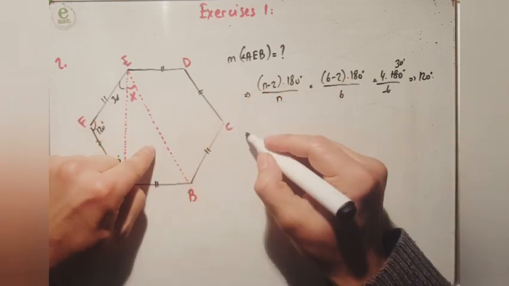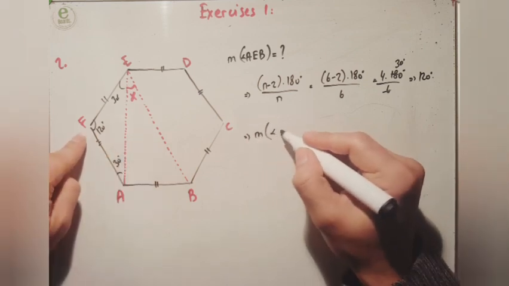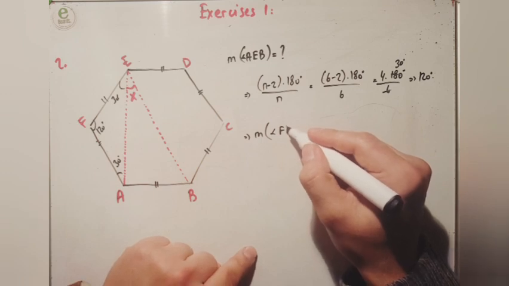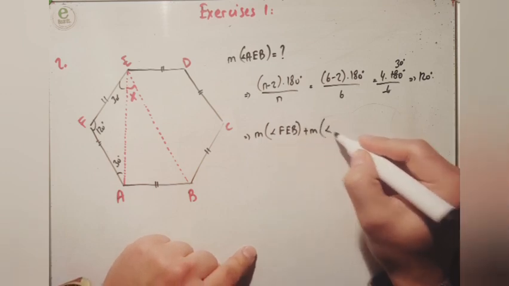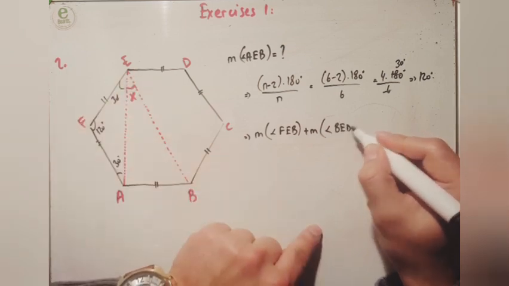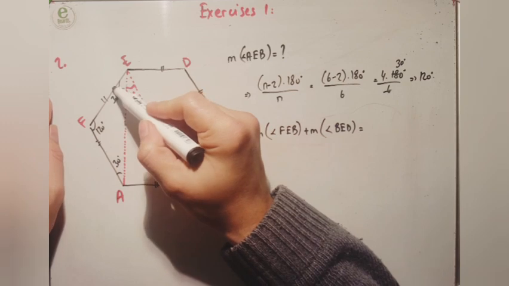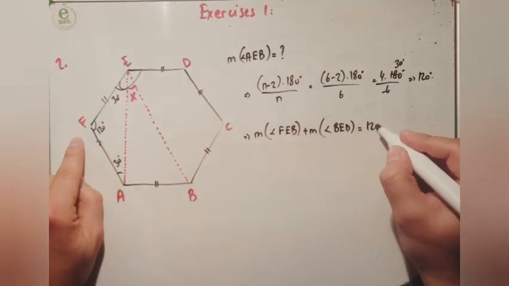So the measure of angle FEB plus the measure of angle BED will give us the interior measure of the polygon. It is 120 degrees.